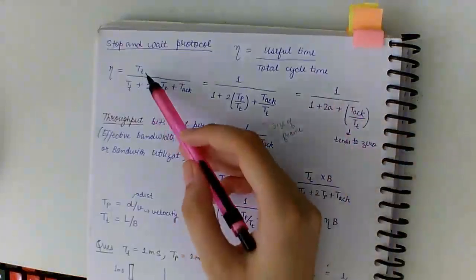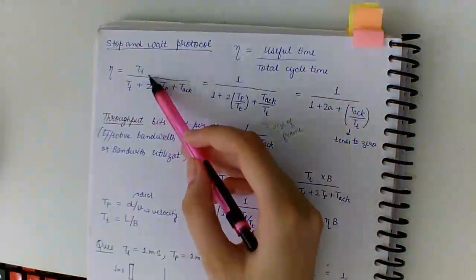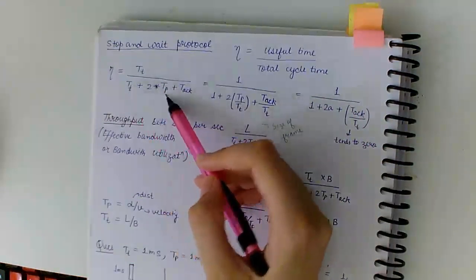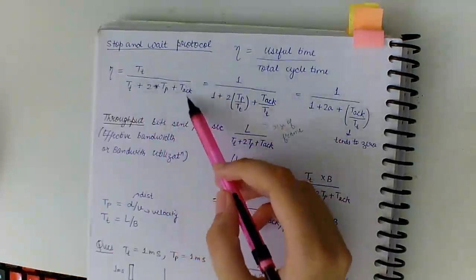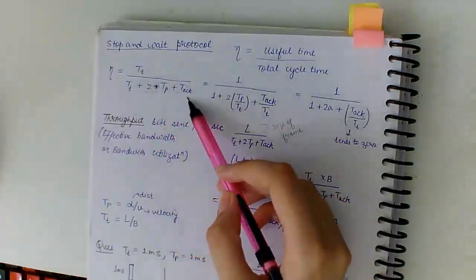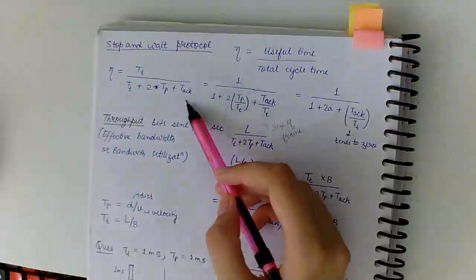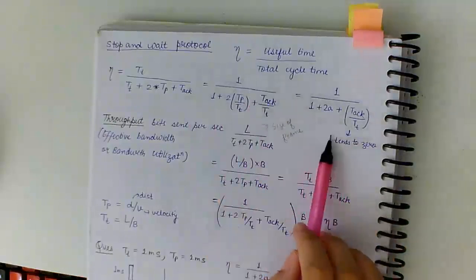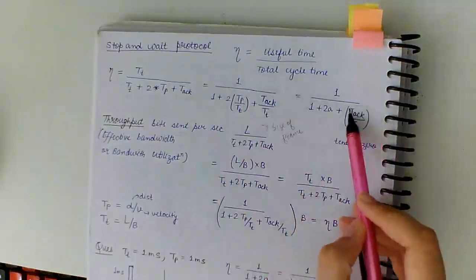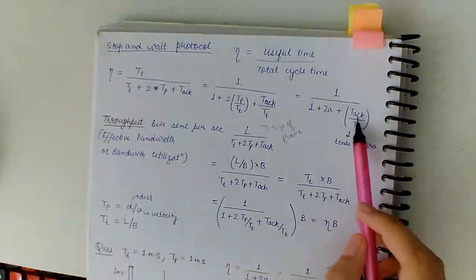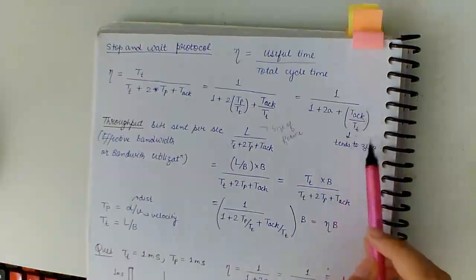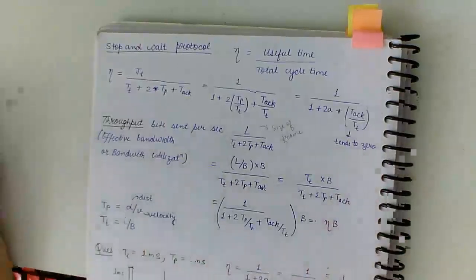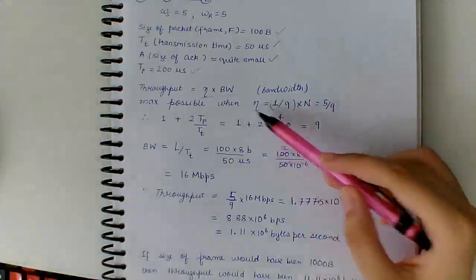Efficiency is given by useful time divided by total cycle time, that is transmission time divided by transmission time plus 2 times propagation time plus time required for acknowledgement frame, the transmission time of acknowledgement frame. So it can be written as this, and here as the acknowledgement frame is quite small, T acknowledgement by T transmission tends to 0.